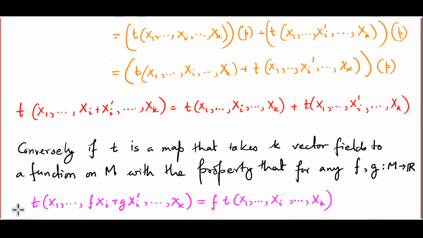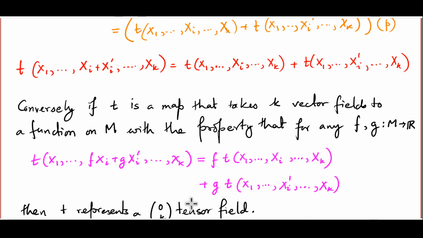For any two such functions, if you give T this bunch of arguments x1, x2 up to xk, with the ith argument replaced by f times xi plus g times x prime i, the function f times the vector field xi plus the function g times the vector field x prime i, the result is the following.